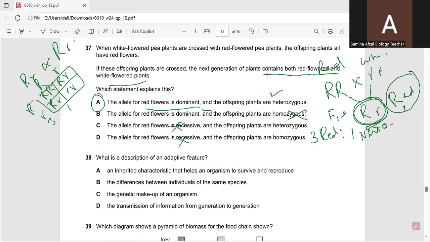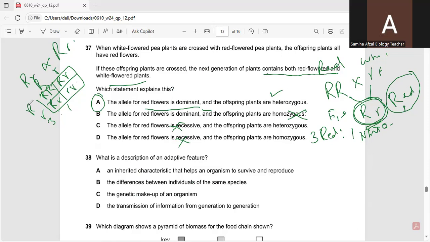So adaptation is a trait that is passed down through genes and provides a benefit in terms of survival and reproduction in a specific environment. As you know, as the environment changes, only those organisms will survive in that environment which are selected by nature, or which have adaptive features according to that environment.